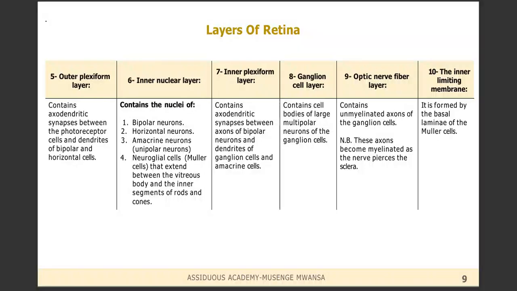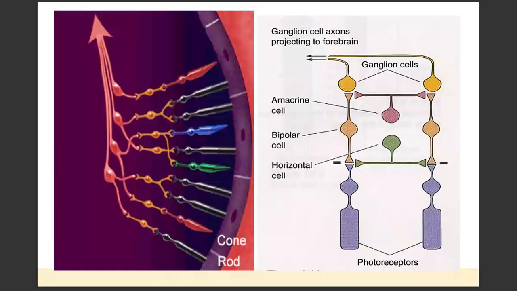So I've already mentioned everything here. This is just a simplified diagram. You can see amacrine cells. These are cells that can connect the ganglion cells. Those are the amacrine cells, and they are found between the ganglion cells and the bipolar cells. Between the bipolar cells and the cones or rods, you have what we call horizontal cells.